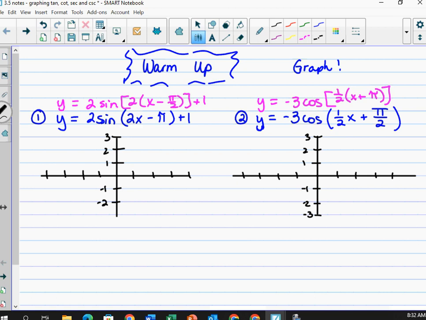All right, guys, let's see how you did. Okay, so on the first one, what is the period of this graph? Pi. How do we know that? 2 pi over b, and b is this guy right in here. If you're struggling with how to label the x-axis, take the original labels, pi over 2, pi, 3 pi over 2, and 2 pi, and just divide them by whatever the b value is.